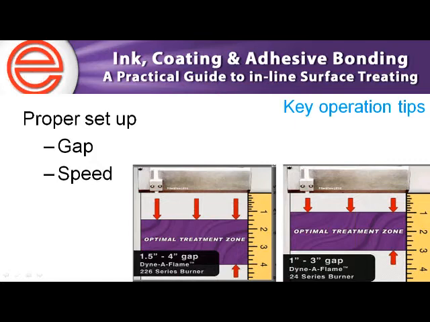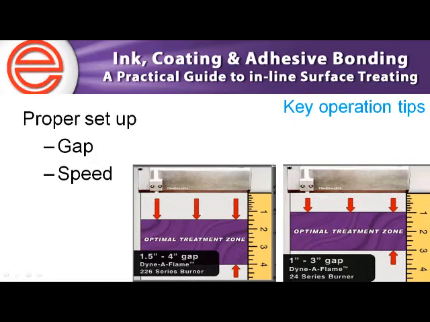The gap, I mentioned this a little bit earlier when we were talking about flame, but this is really the key feature to why you'd want to look at a flame system. It's a very forgiving gap. You can be anywhere between about 1 to 4 inches away, depending on the product we're working with. A lot of medical devices and a lot of automotive parts are really great for this because we can get into areas that maybe need to be potted, parts that need treatment in one part, not another.